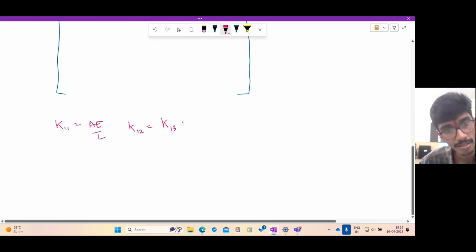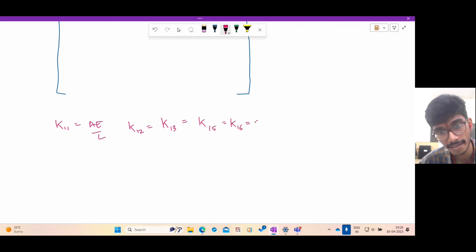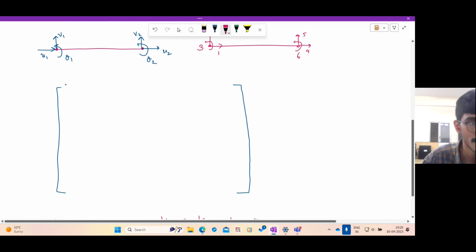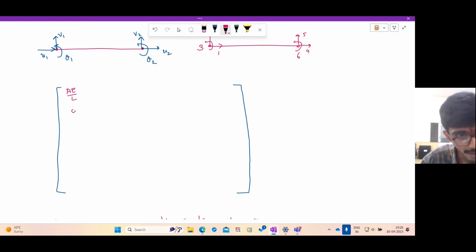K13 is 0, there are no moments generated. Similarly, K15 and K16 are zeros. What is K41? It is in the opposite direction, so it is minus AE by L. So we can directly fill in the first column of the stiffness matrix, which is AE by L, 0, 0, AE by L with a minus sign, 0, 0.